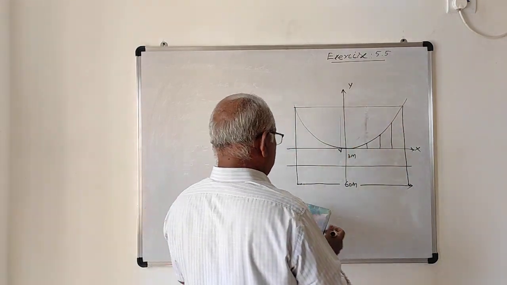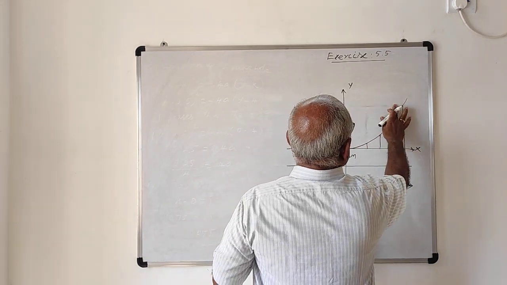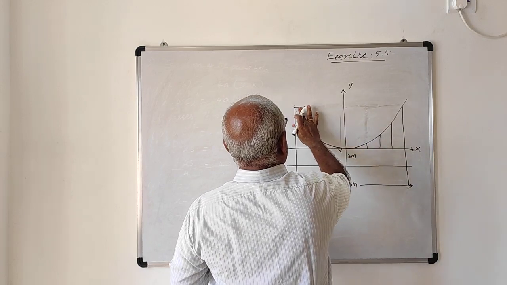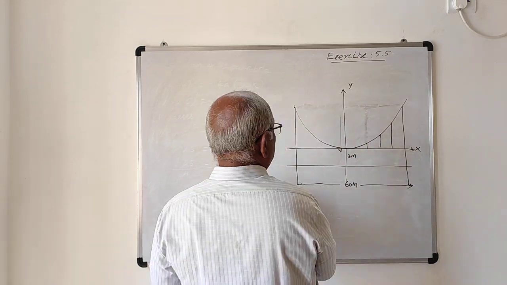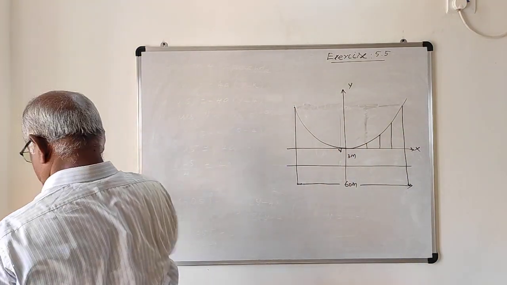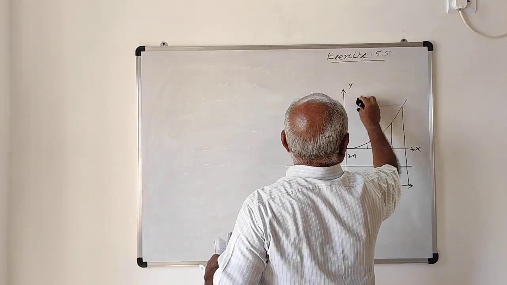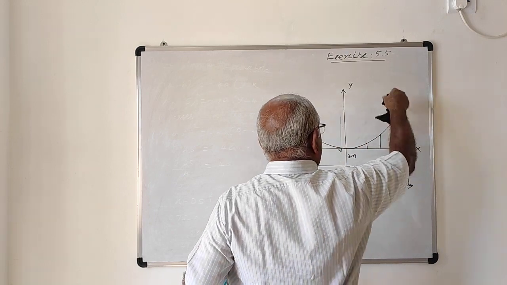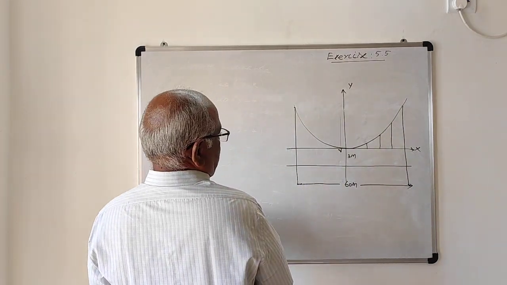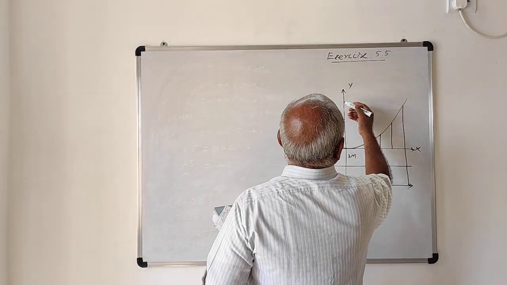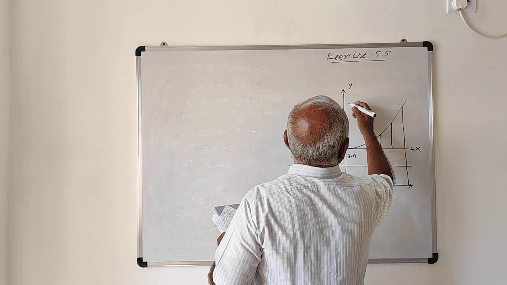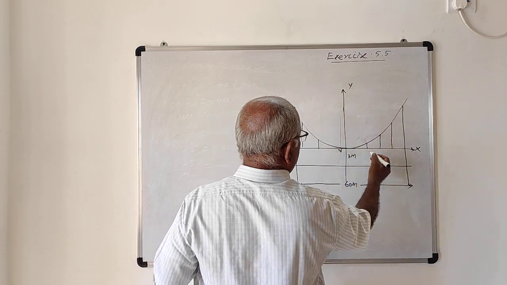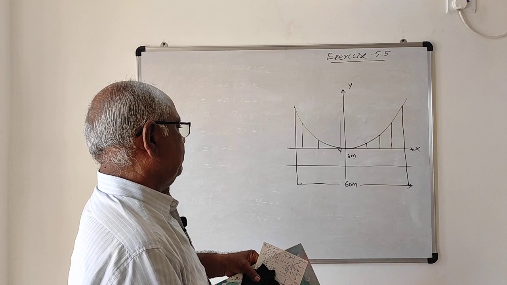This is a suspension bridge. The suspension cable is supported by some vertical cables, each at a distance of 6 meter. Similarly, here also the distance between those cables is a 6 meter gap.